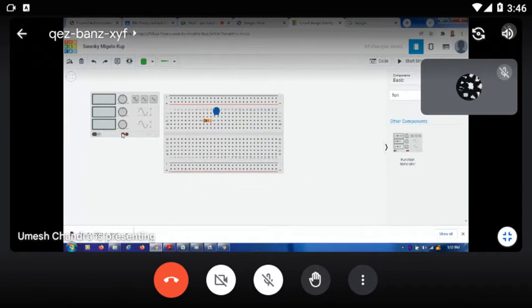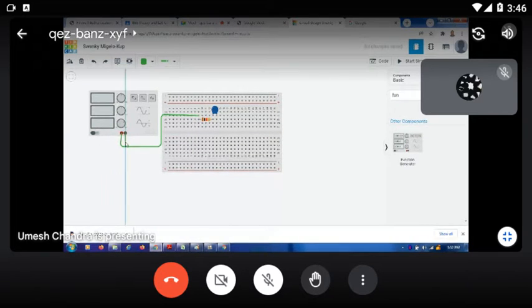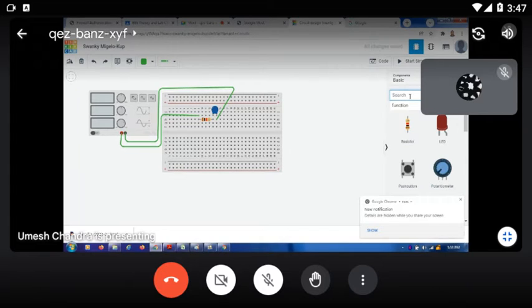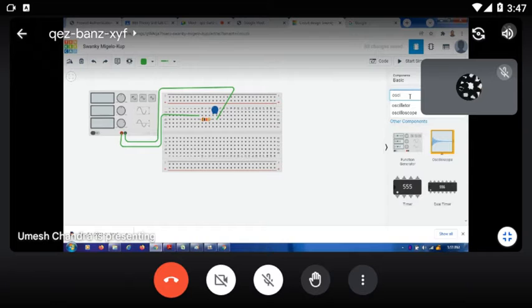The function generator where you connect positive here and negative. And the oscilloscope is the same.